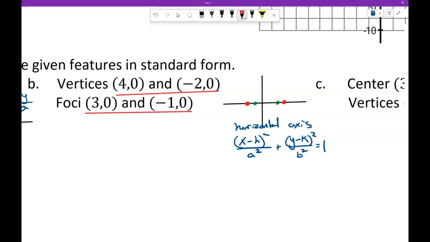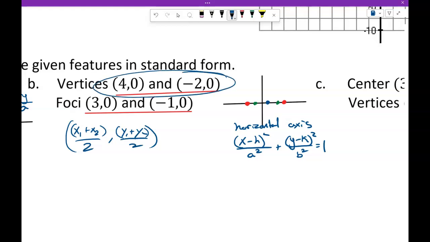First we need to find our center, which is going to be right in the middle between the vertices and the foci. We can try and count, or we could also use our midpoint formula: the sum of the x's divided by 2 and the sum of the y's divided by 2 will give us our midpoint. Let's take the vertices, for example.